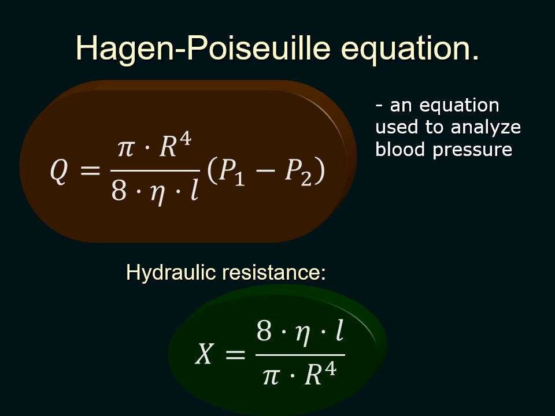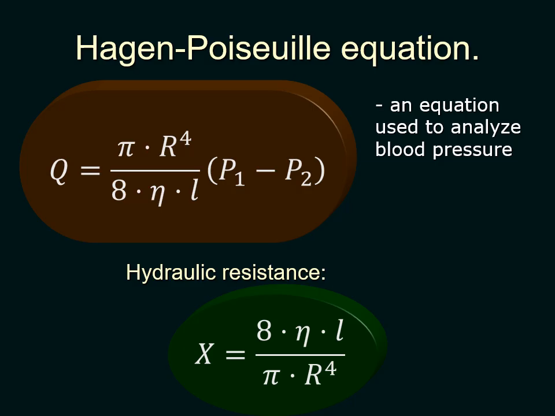This equation contains Q, the volumetric velocity of the blood flow. This is the next important parameter, the pressure difference. In other words, this is the very reason why, strictly speaking, the movement of blood in the body takes place. In general, fluid movement is caused by this pressure difference.